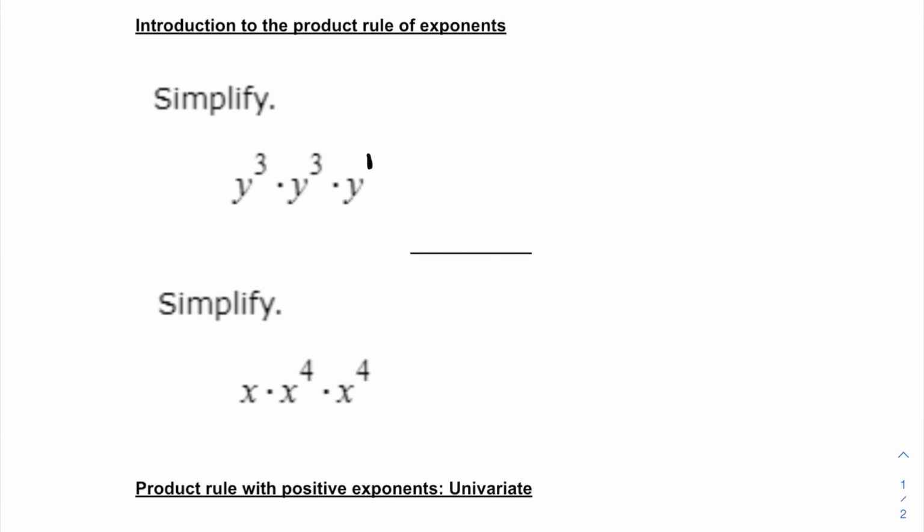If you said 1, you're right. If you don't see an exponent, you have to assume that it's a 1, not a 0. Same rule applies, even though there are 3 of them. We're just going to add up our exponents since they're all being multiplied and they're all the same bases. You've checked that. Our final answer is just going to be y to the 7th power. 3 plus 3 plus 1 is 7.